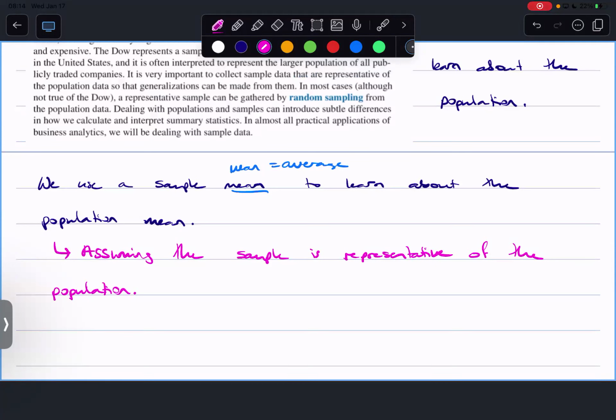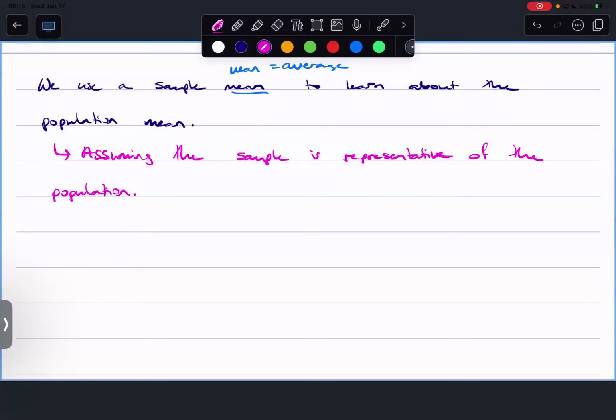One of the main ways, or really the only way that we can do that, is by randomly sampling. So a random sample ensures that we have a sample that's representative of the population, assuming that you're pulling from an appropriate part of the population. And so if you're trying to generalize about all of Kelowna, then of course your random sample would have to be from all of Kelowna.